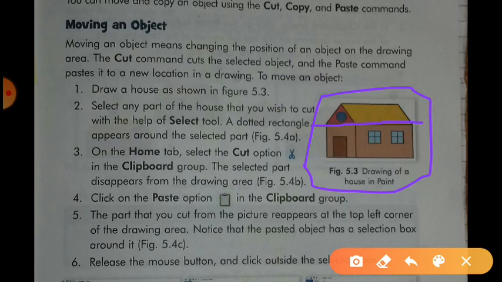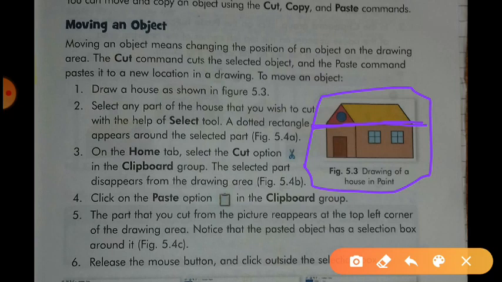Okay students, suppose you want to cut this portion. First you have to select this, then click on the Home tab, and then select the cut option from the clipboard group, and you will see the result, that is, the selected part has disappeared.